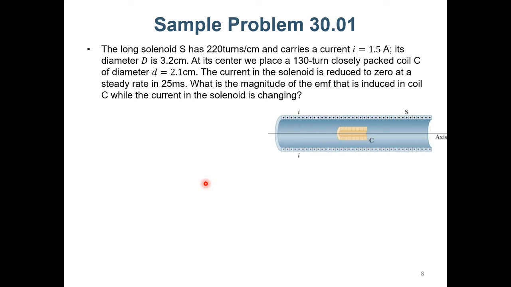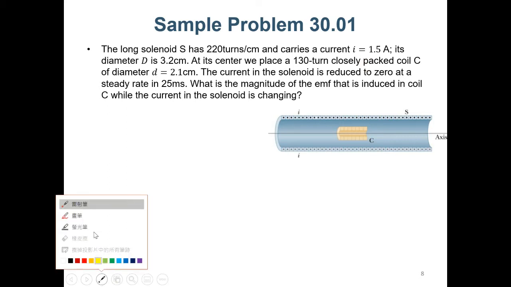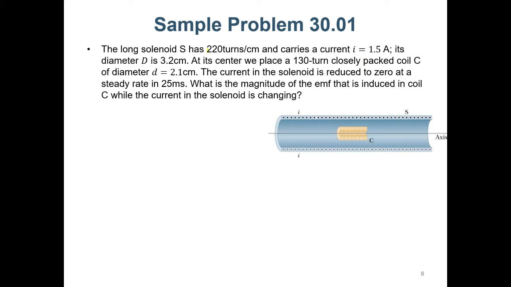You can have a sample problem here. We have a long solenoid S, which is the blue one, with 220 turns per centimeter, carrying a current I equals 1.5 A. Its diameter D is 3.2 centimeters.